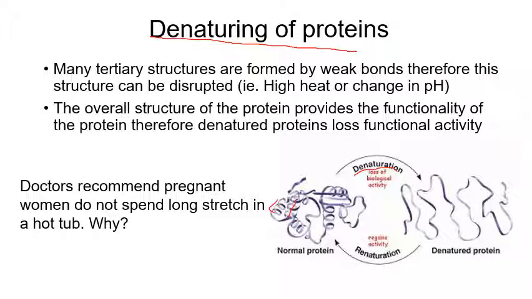And if it happens, you get denatured protein, and now we just have a simple strand of amino acids here in the denatured protein. This protein is not functional. So the proteins can't function.